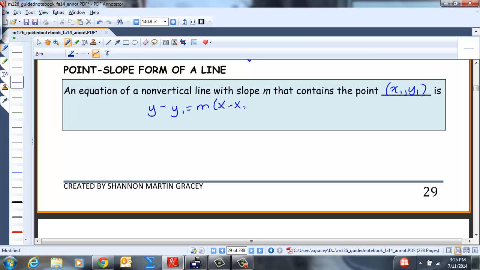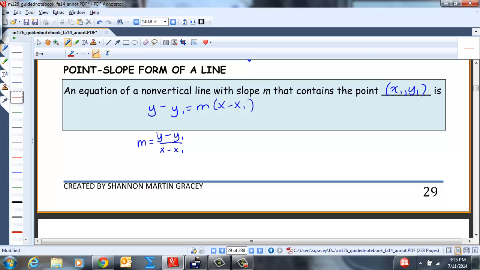x minus x1. And it comes from the fact that if you have your slope m, and that's equal to y, instead of having x2, y2, we'll leave it as x, y so it can vary. So we'd have y minus y1 over x minus x1.